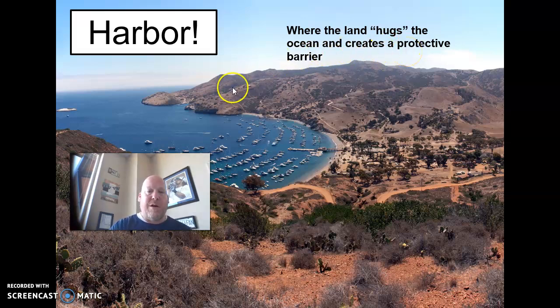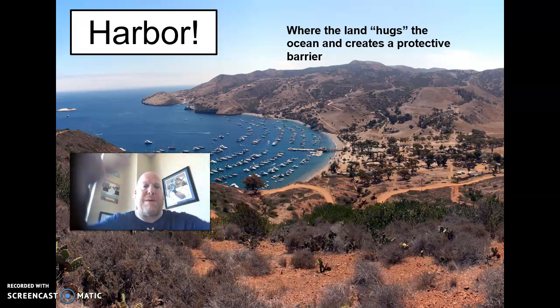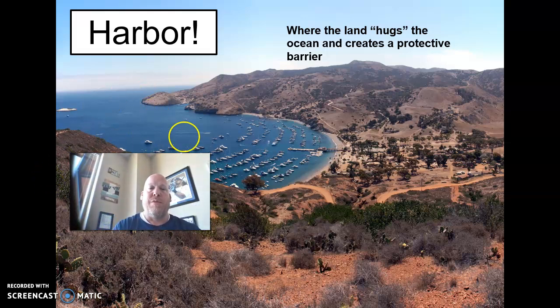In the picture right here, notice that the land appears to be hugging, like we're hugging one of our friends. It's wrapping its arms around this little body of water and creating a protective barrier. Stuff can still come through, but the waves are going to be smaller and the tide not as aggressive. If big storms come through, it provides protection for this area.